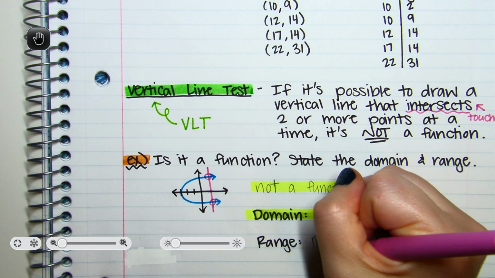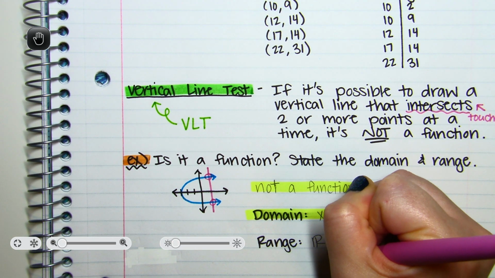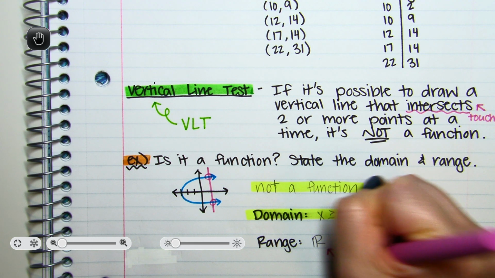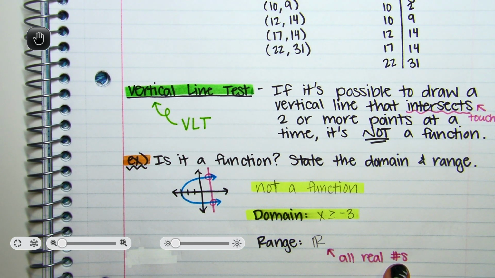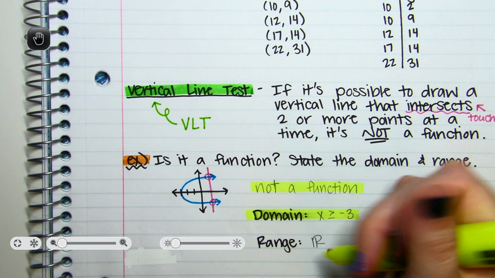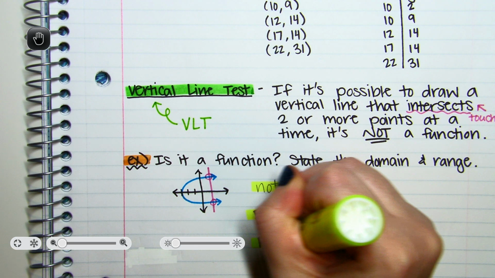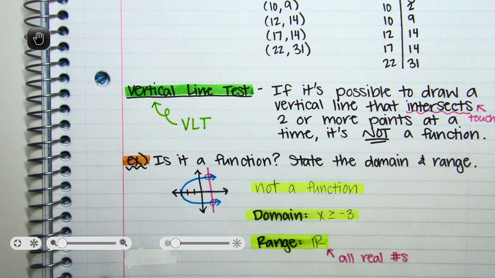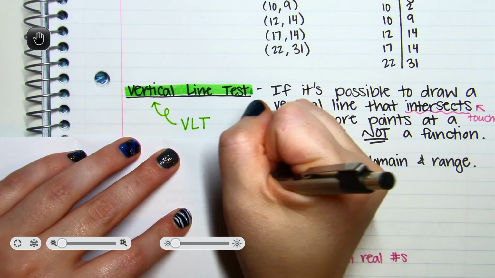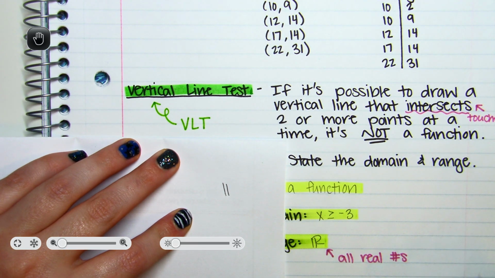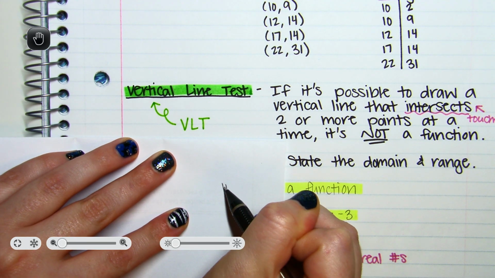So you can either write out the full word, all real numbers. You can write all real numbers like this, or you can do this fancy, cool little symbol. Now this symbol is an R with a double line. So I draw mine where I do 2 lines, and then let me do this so you can see my pencil.